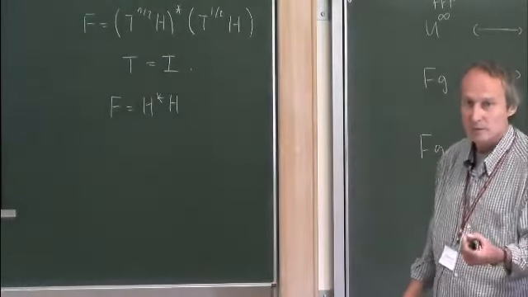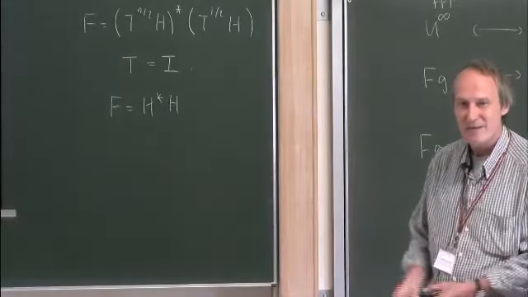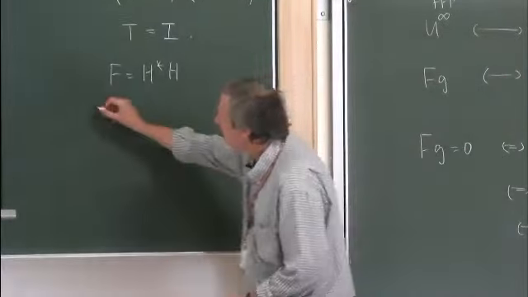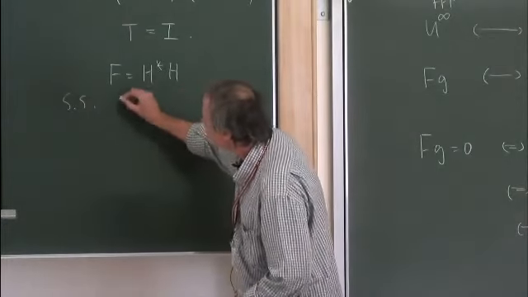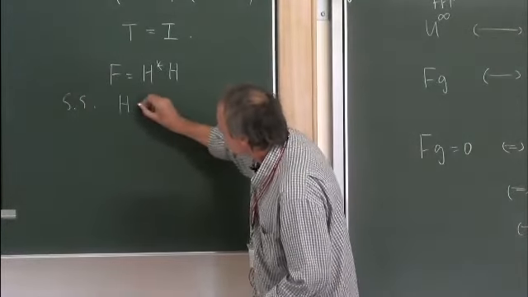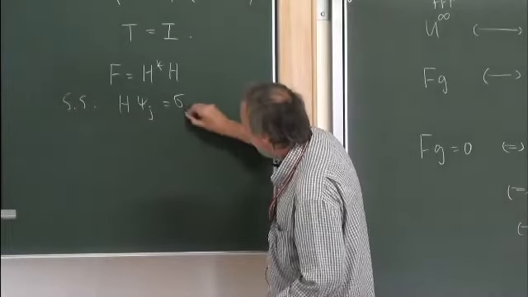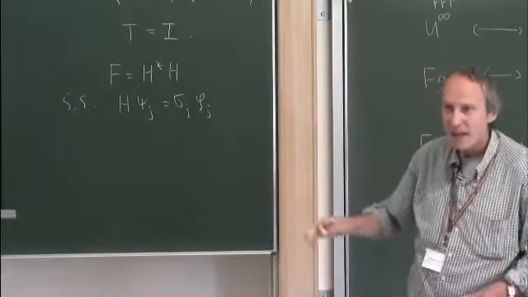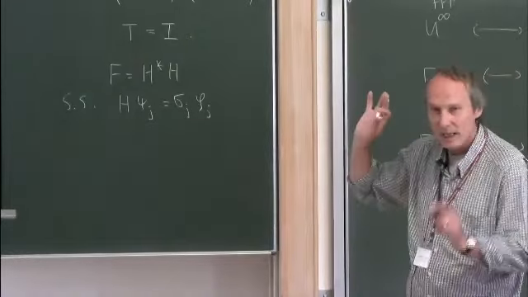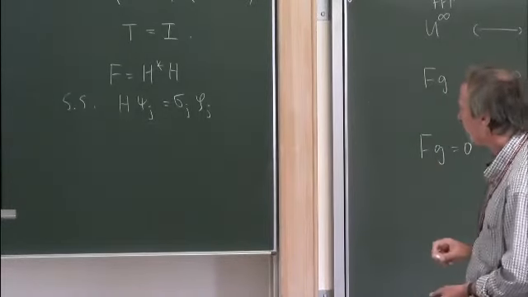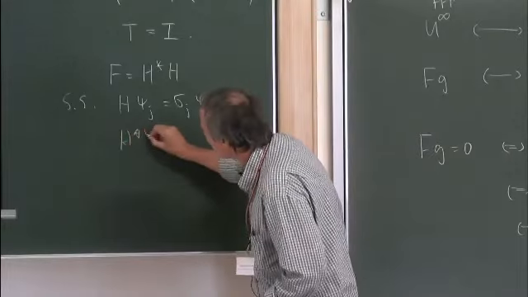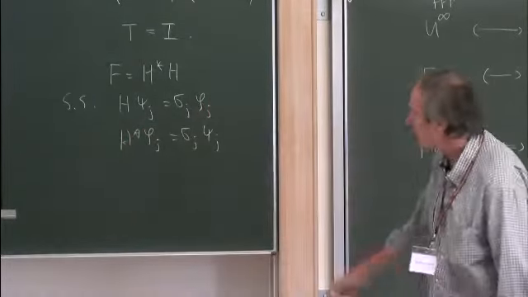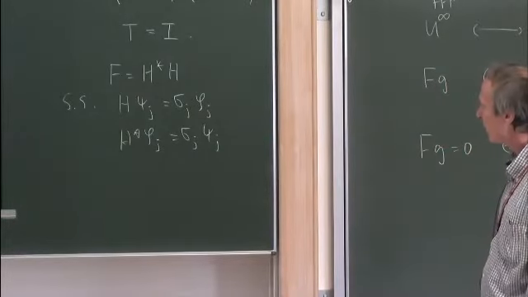You all know what a singular system is, at least if you have had an elementary course on inverse problems. So you have H psi j. You have two orthonormal systems. Assume that in this case H is compact, as in our application, and also H is injective. And H star maps phi j into the psi j. This is a singular system. The sigma j are positive.